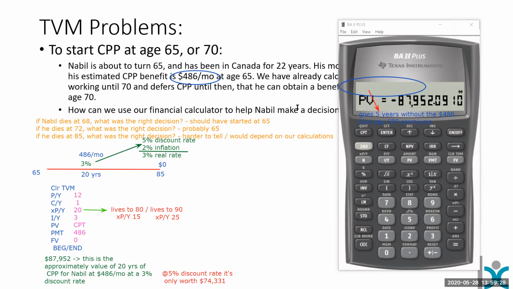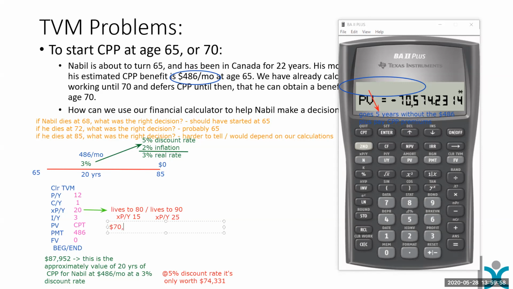So same type of thing here. So I'm just going to plug in 15 into my times PY spot, and I get 180. And now I'm going to resolve my present value. Okay, so if he only lives to age 80, this decision was less valuable.